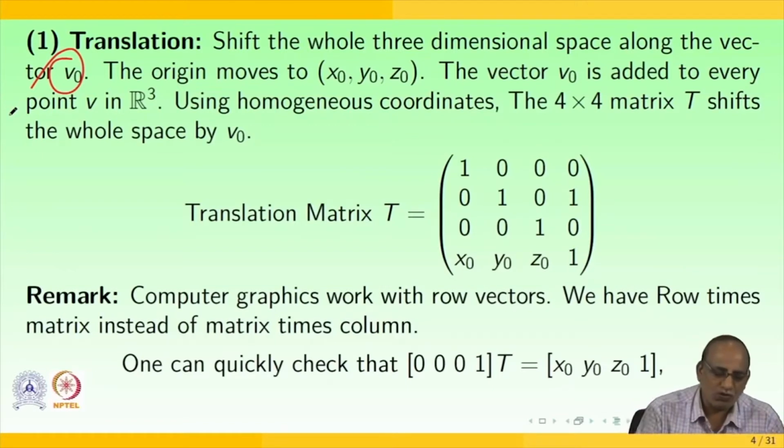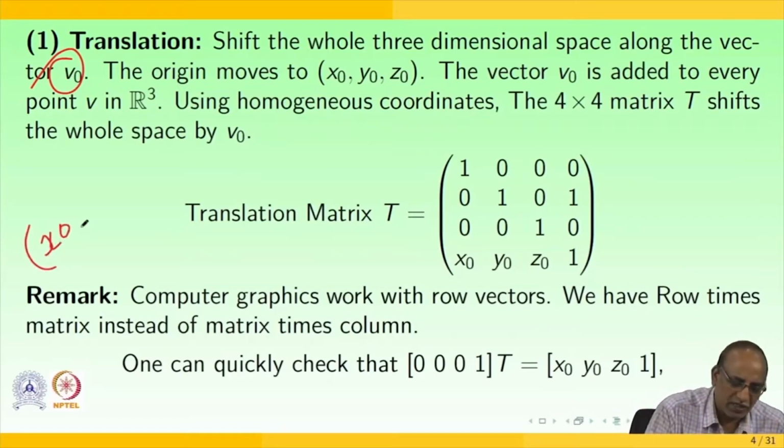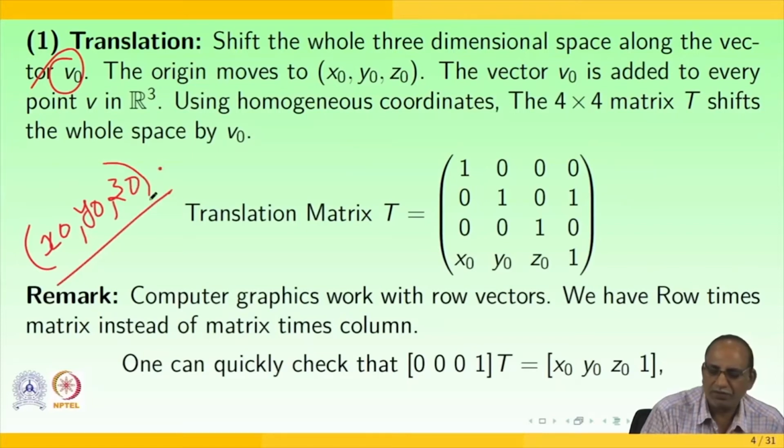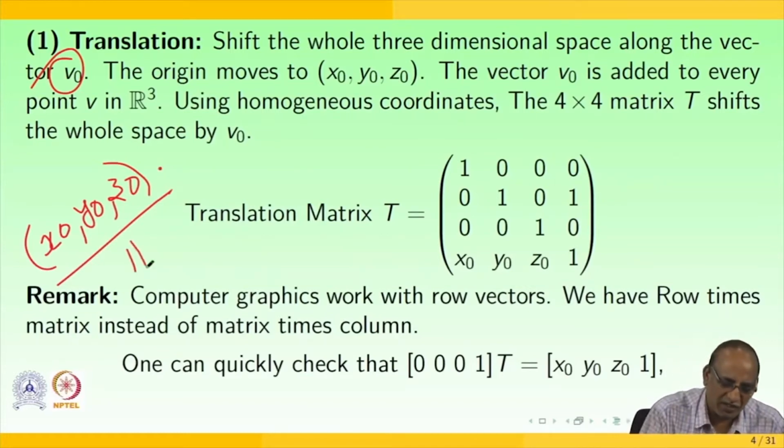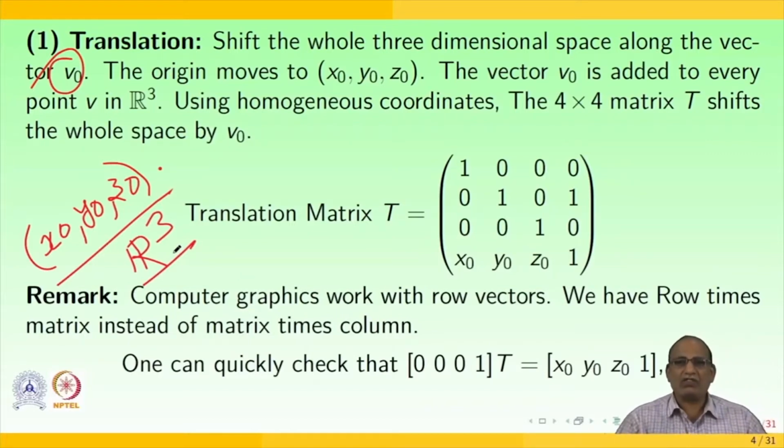The origin moves to x0, y0, z0. The vector v0 is added to every point v in R3. Using homogeneous coordinates, the 4 by 4 matrix T shifts the whole space by v0.